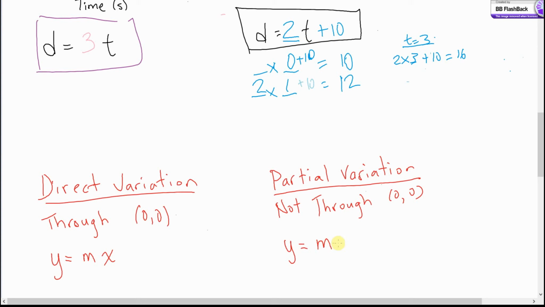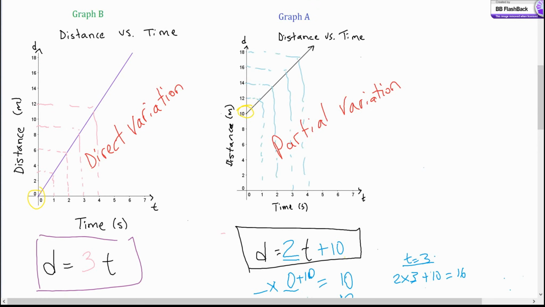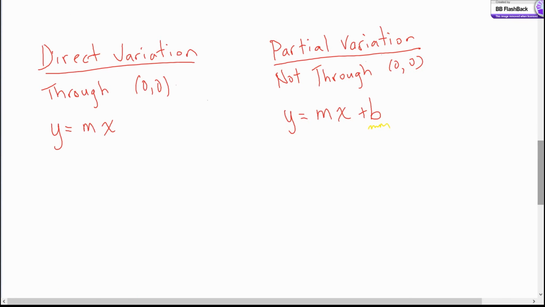And we like to use mx plus b. We'll talk more about m, what that is. We're going to study that a lot. And we've already talked actually about b in this lesson. So in this case, in the position of b, we have 10. What was 10? Do you remember? Let's look back up at the graph. 10 was the y-intercept. So in the equation, when we have b here, that is the y-intercept.